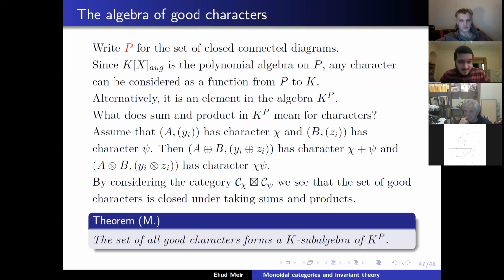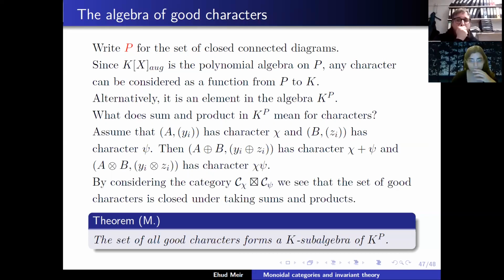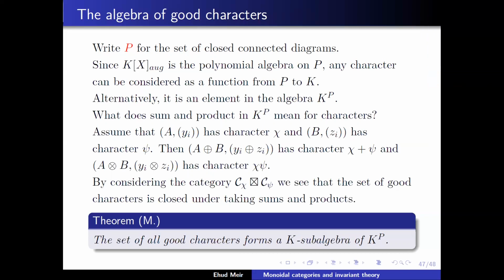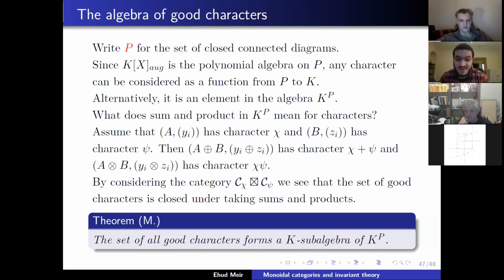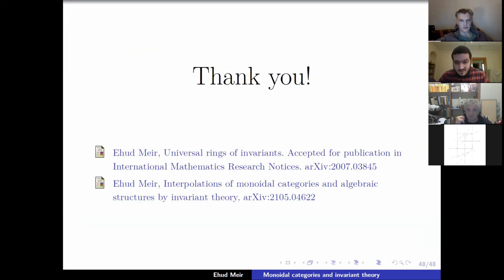And we need to work a bit harder to show that it's not only closed under sums and products, but in fact the set of all good characters forms a K-subalgebra of K to the P. Okay, so it has a bit more structure than just some subset of K to the P. Anyhow, this is all that I wanted to say, and thank you very much for listening.